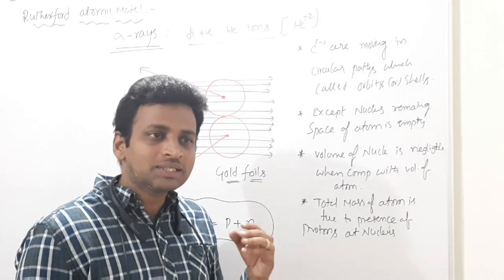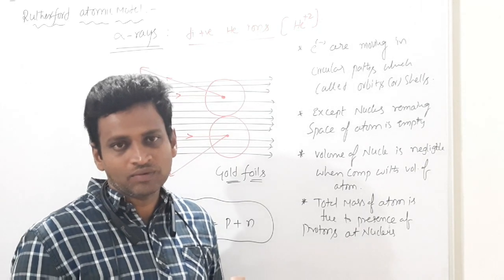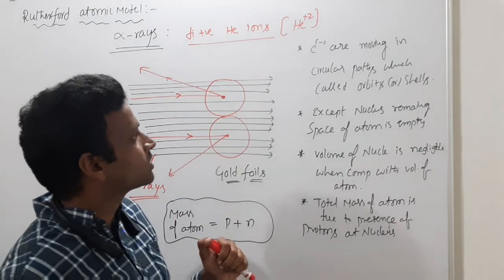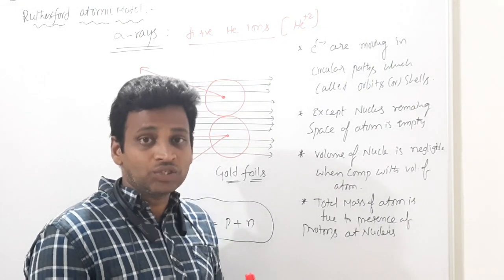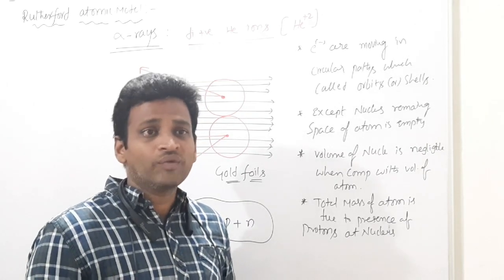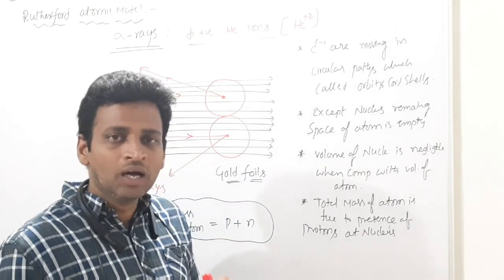But still there are some drawbacks in this. This Rutherford atomic model did not give the energy and a particular radius; he did not give those things. Whether the atom is stable or not, he did not say. So there are some drawbacks.